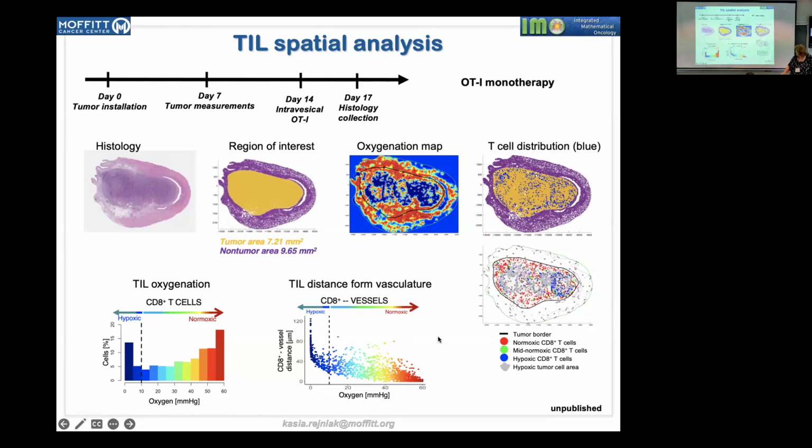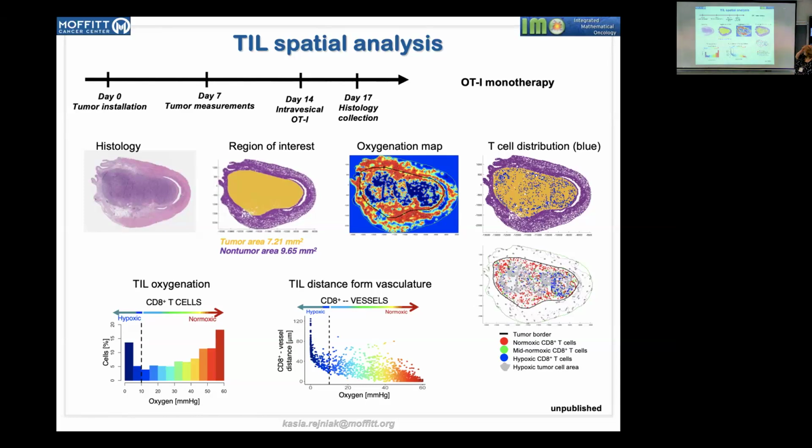And then some of the statistics. We have maybe 20% of T cells in the hypoxic areas, and the majority is in the normoxic or physioxic areas. The ones that are close to the vessel are in more oxygenated areas, and the ones farther from the vessel are in more hypoxic areas.